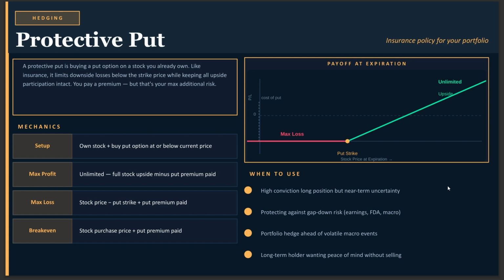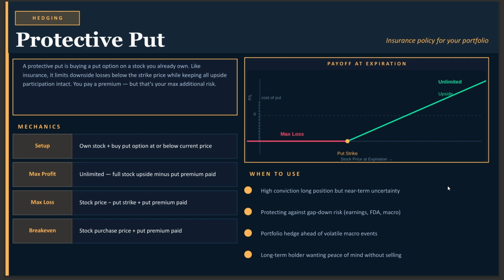Maybe it'll go back up, and I don't want to miss the who knows portion of the trade. If NBIS ends up going to 150 next week, I'll be feeling really sad if I sold my shares in the hope that it goes down so I could rebuy. But if I buy a protective put, it gives me flexibility: if the stock goes down, I could theoretically still get out, or I could close that put for a gain and hold shares. So that's when you would use protective puts.